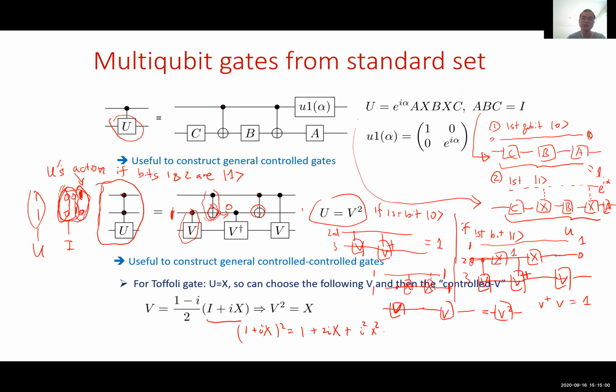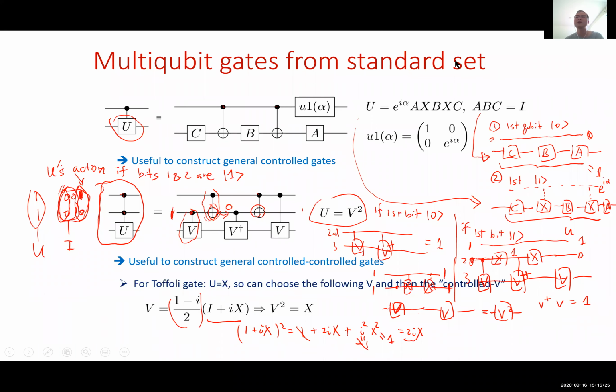But X squared is 1, and i squared is minus 1, so those cancel. You're left with 2iX, so it's proportional to X. And this factor here takes care of the 2i. So that V squared is X. And that's how you can implement the Toffoli gate.